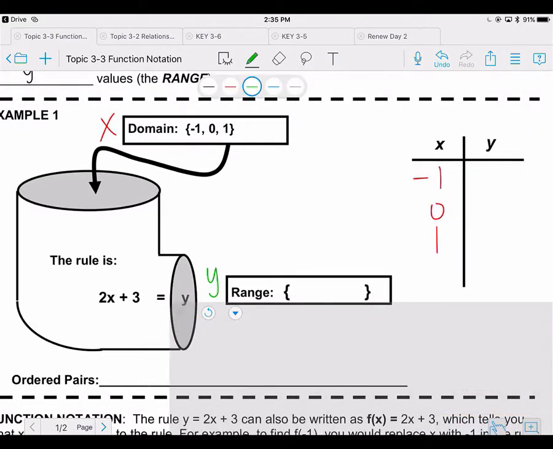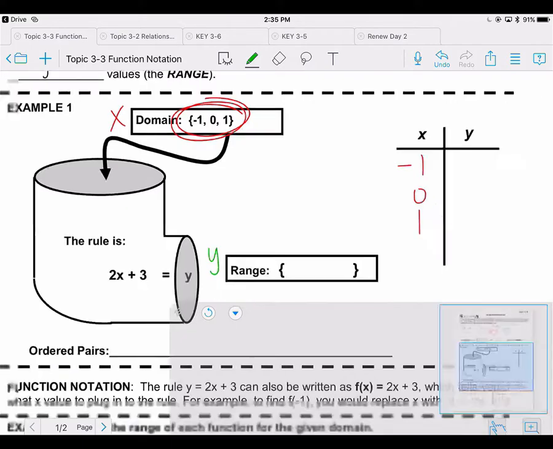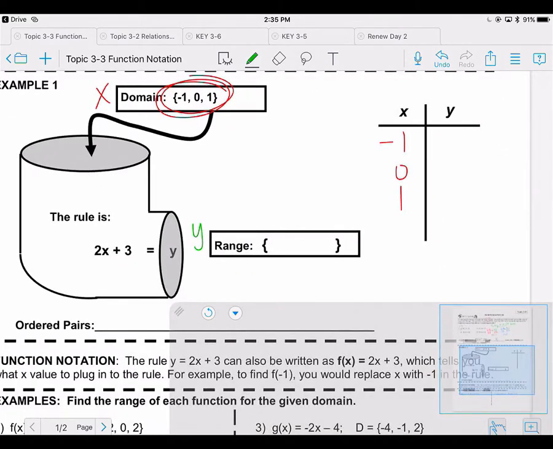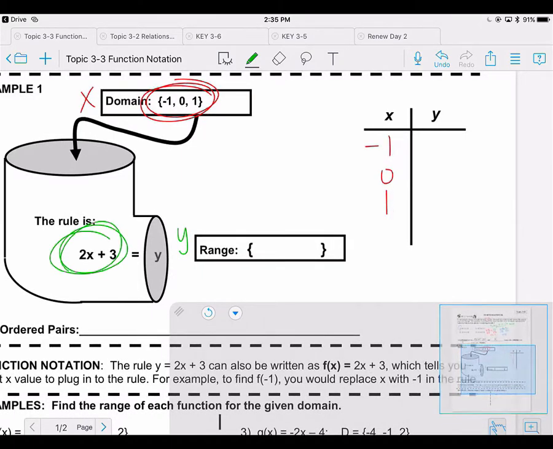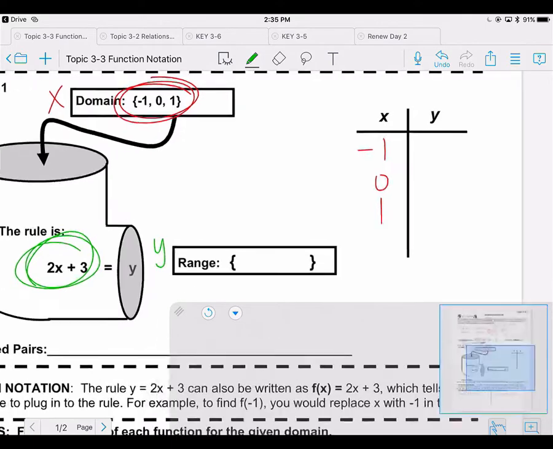Now again, for the table, our X values are given for us, but we need to find the Y values. In order to find the Y values, we're going to take each piece separately. We're applying the rule 2x plus 3, and we're going to plug in 3 different X's. If I put 3 things into the machine, I should get 3 things out.